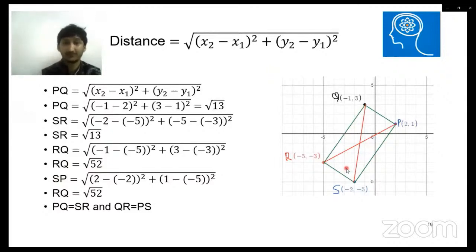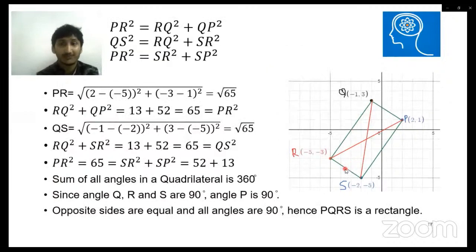Now the next step, that is proving that the angles are 90 degrees. As we discussed earlier, to prove that the angles are 90 degrees, we are going to use Pythagoras theorem. So first we will try to prove that PR square is equal to RQ square plus QP square. If this is proved, then we can say that angle Q is 90 degrees.